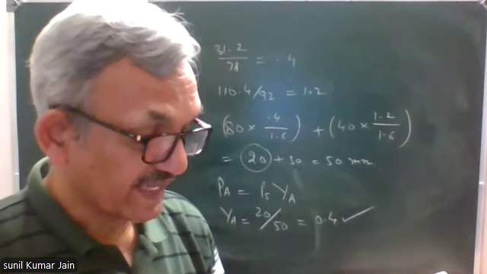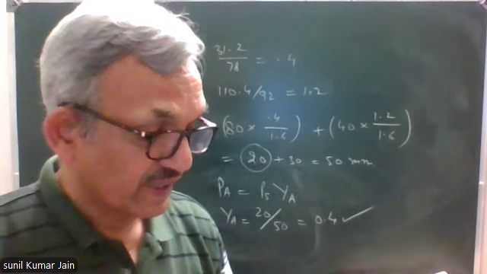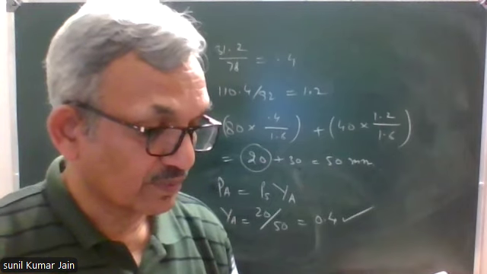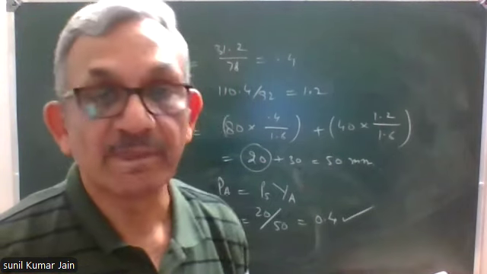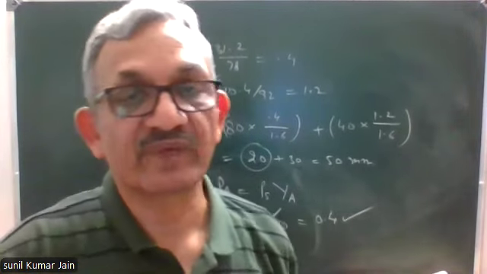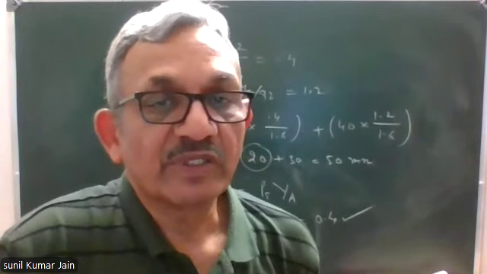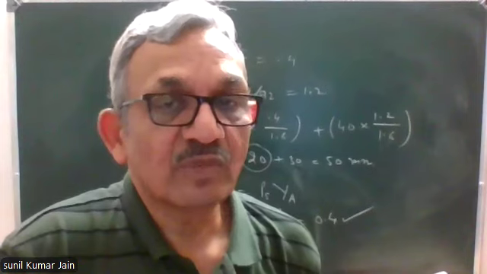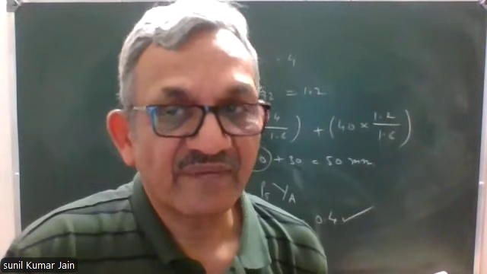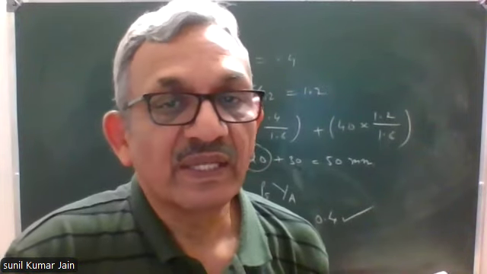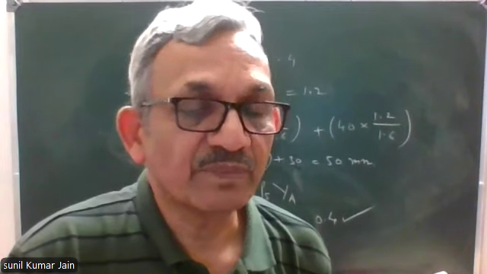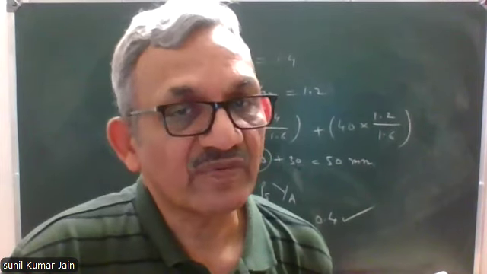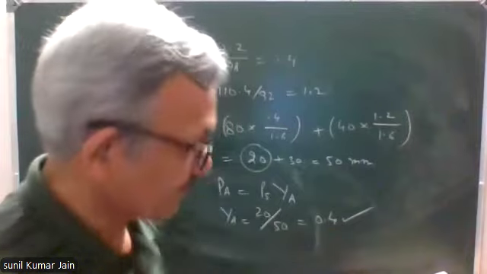Eighth numerical. Calculate vapor pressure of the solution containing equal number of molecules of A and B. See, I'll tell you something verbally. When number of molecules is equal, it means number of moles is equal. And when number of moles is equal, then mole fraction of A and B, both the components, will be same. That will be 0.5 each.